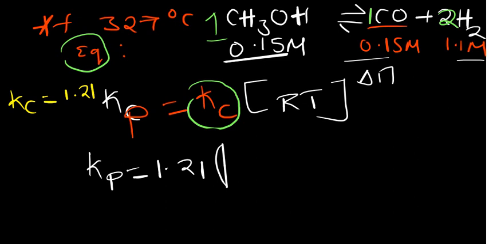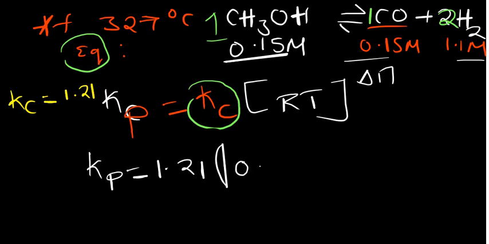Not this value. 0.08206, or 0.0821. So it's this value that we're talking about, which comes with Kelvin. 0.0821.